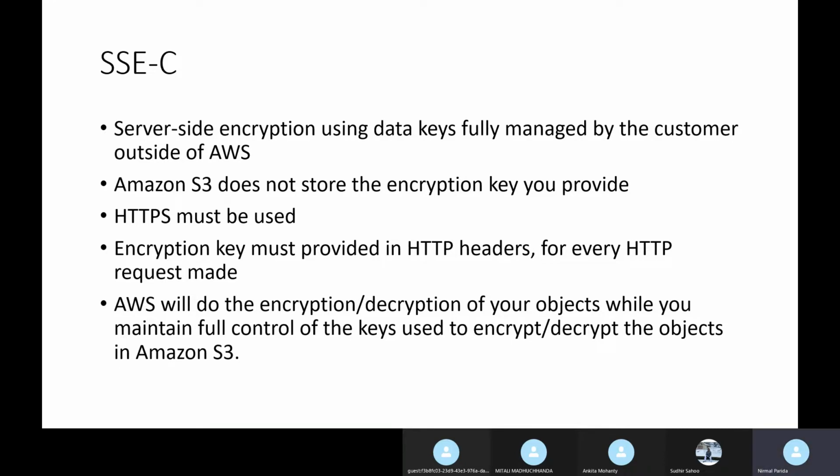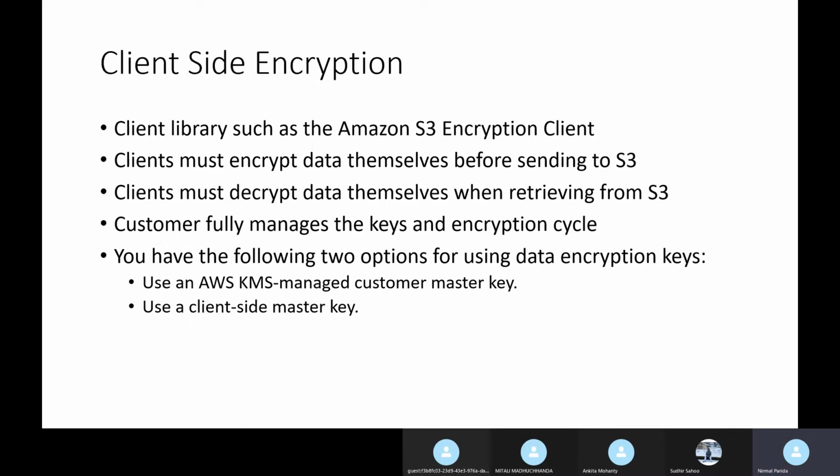The next is client side encryption. In client side encryption there will be no server side encryption. It is your responsibility to create your encrypted data. So you will use some client library. Amazon uses its library for encryption, but in this case you will use your client library, for example the S3 encryption client. The client must encrypt data themselves before sending to S3, and must decrypt data themselves while retrieving from S3.